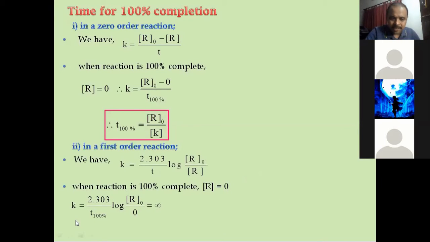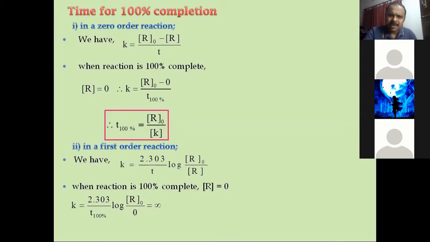So k = 2.303 by t 100 log R naught by 0. So it has to be infinity. What does it mean? A reaction's 100% completion wouldn't happen. That's the meaning. The time taken for 100% completion of a first order reaction is infinity.